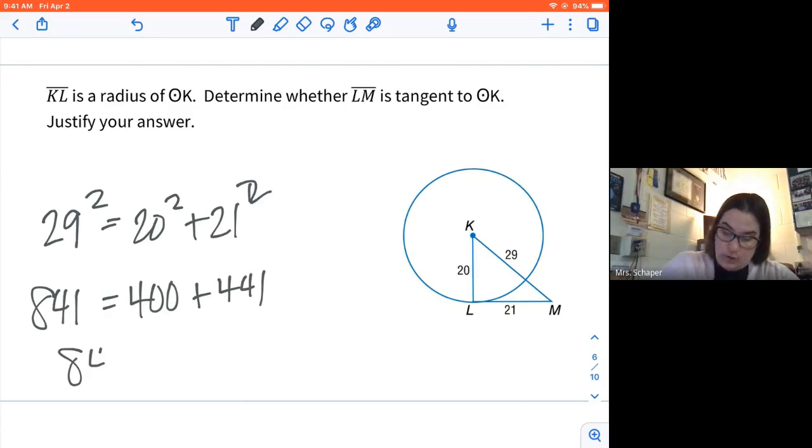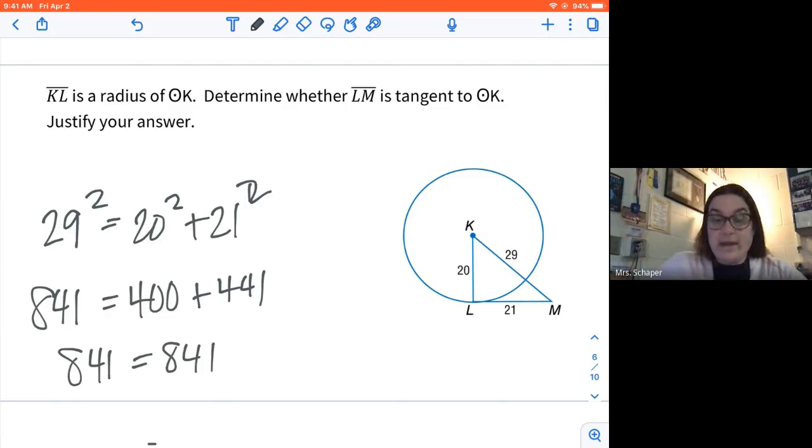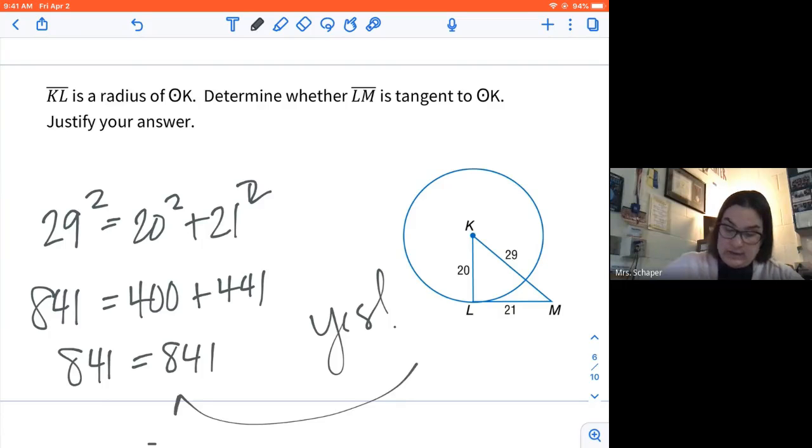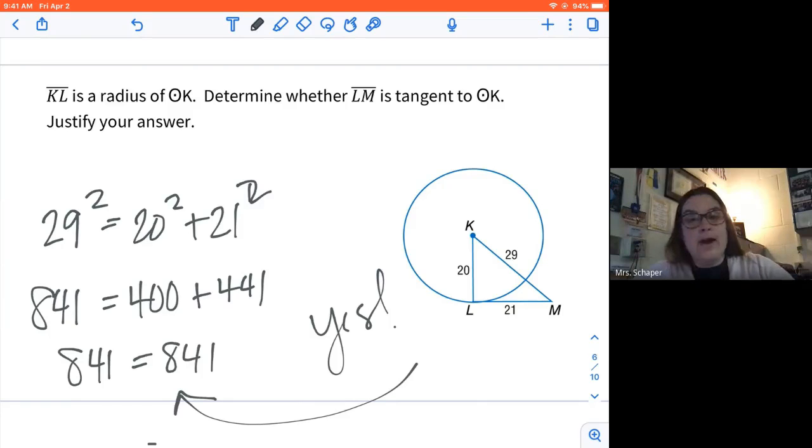Because these two are equal numbers, we can say yes, it is tangent. And here is my justification. I can't just say yes, I've got to prove it. And I just proved it that way. So yes, it forms a right angle, which makes it tangent.